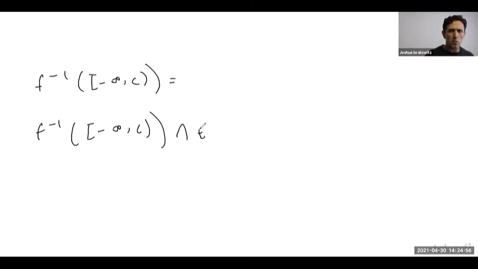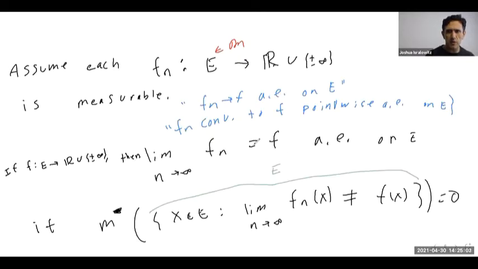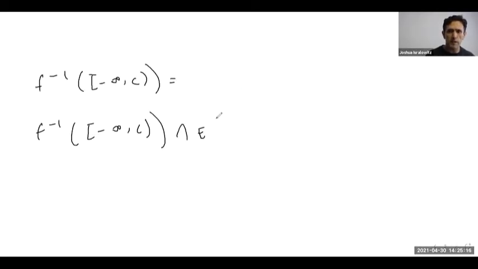Now, if it's not clear why this is annoying, I'll make that clear in a second. Excising a set of measure 0. Sorry, this is a terrible choice. Let's call it E prime because E is my domain for all of these functions. So do not call this E. That would not be a good idea. So let's say we're on E prime.